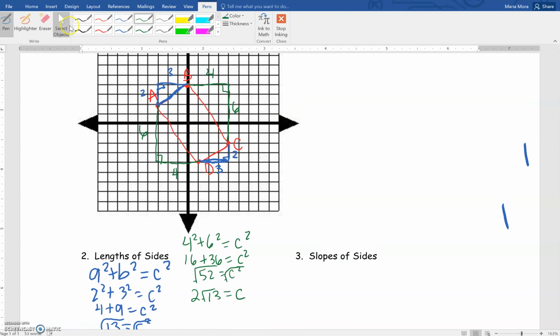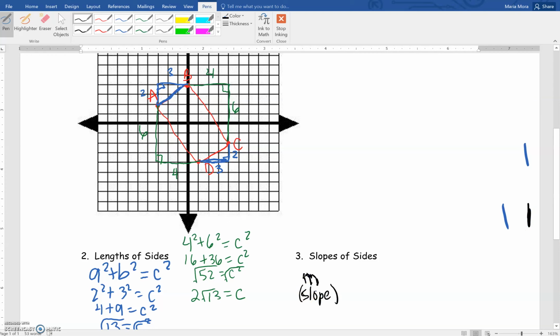So I'm going to choose a different color right now. And I'm going to find the slopes of the sides. So I'm going to start with BC. So the slope, so I'm using M for slope. Okay, sometimes my stylus messes up.